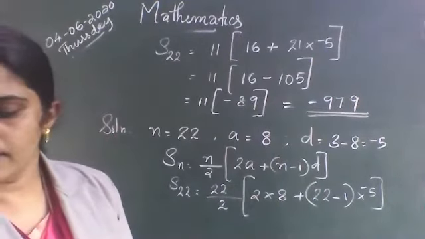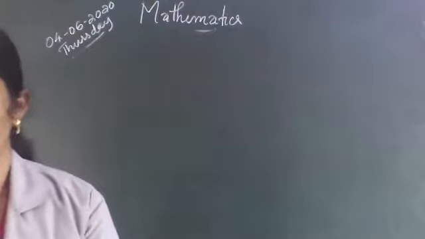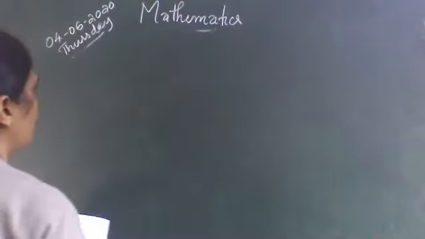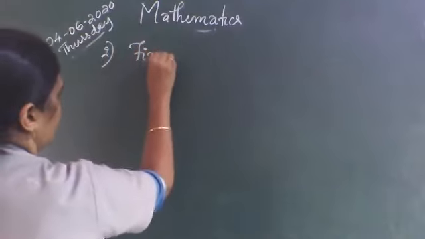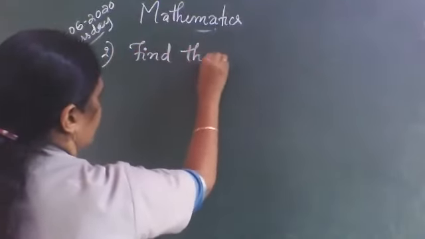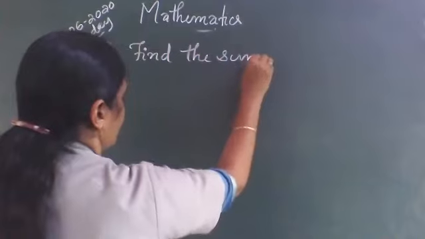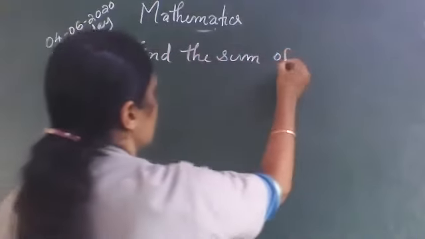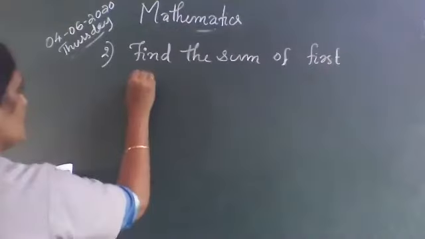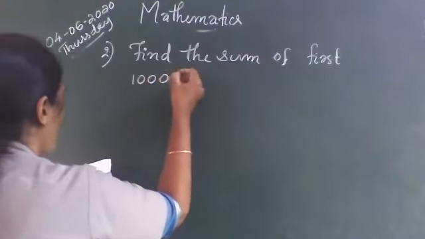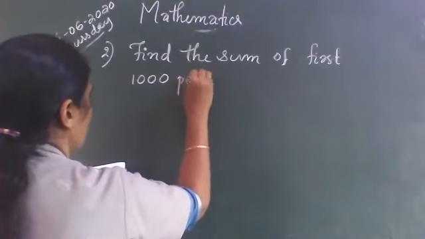Then the second question. One more question. Find the sum of the first 1000 positive integers.